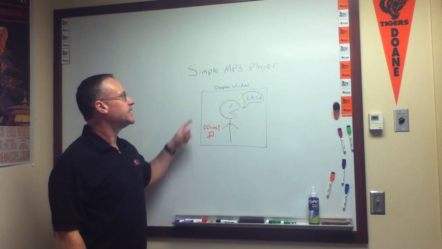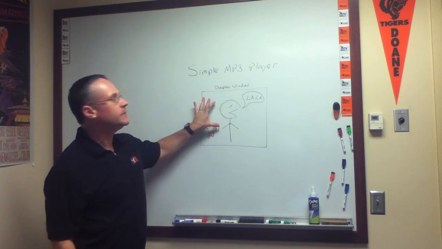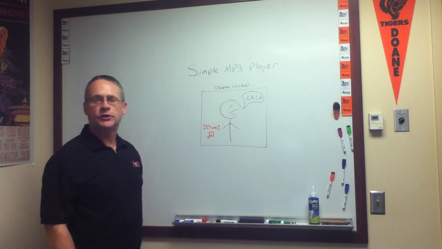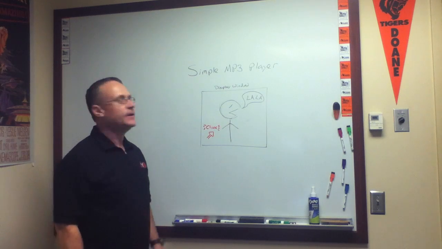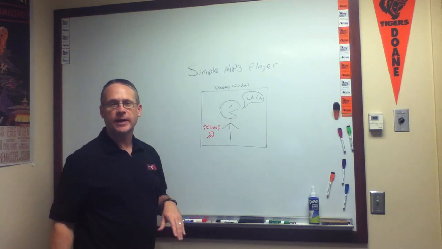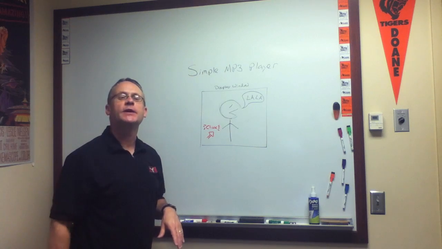So as soon as we click that, we should see the image change and then music should start playing. Okay? That's the general idea of the application. Click the picture and it starts playing. Let's see how we might do that.